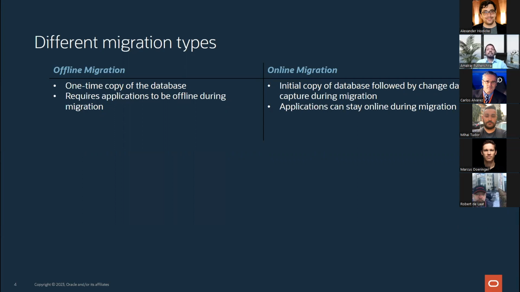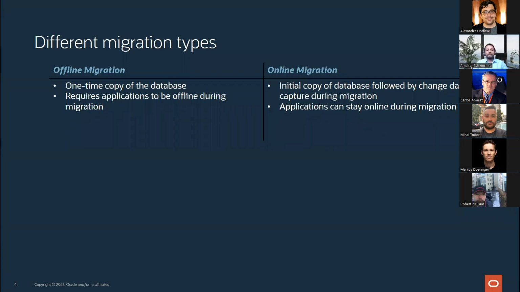Whereas in case of an online migration, you perform an initial copy, again a logical copy or a physical copy, and then you transfer it to the target. From then on, we copy the incremental changes from the source and apply them on the target, so that you can keep syncing your target until you are ready for the cutover or the switchover date.